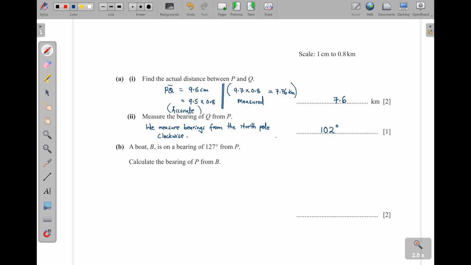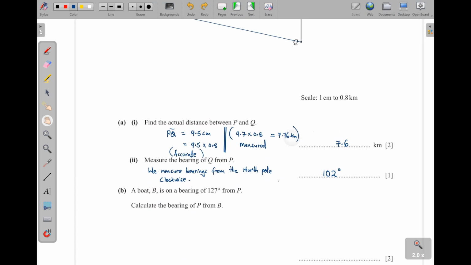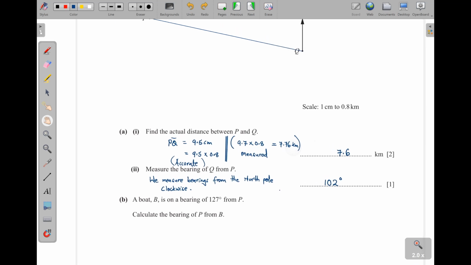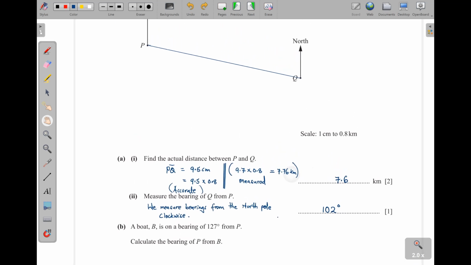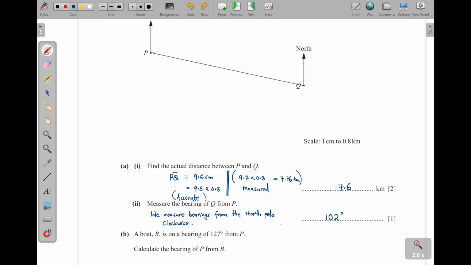Then next, part B, a boat B is on a bearing of 127 from P. Calculate the bearing of P from B. It was on a bearing of 127 from P. So this one here will give us 180. This is 90. Then 127 is maybe here, and then we put B here.